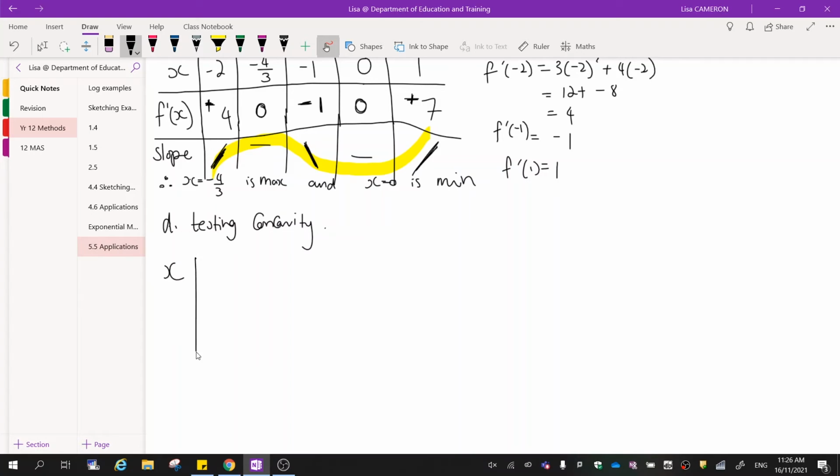So we're going to have x, and then we're going to have our second derivative. Now I'm going to choose where our second derivative was equal to 0, which was negative 2 on 3. So at negative 2 on 3, it was 0.